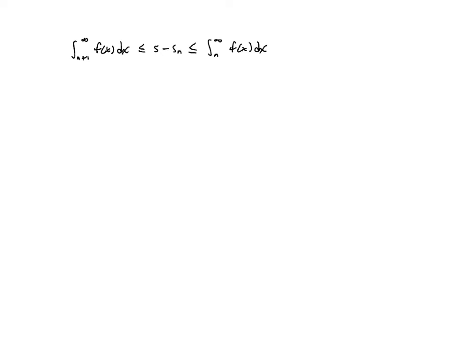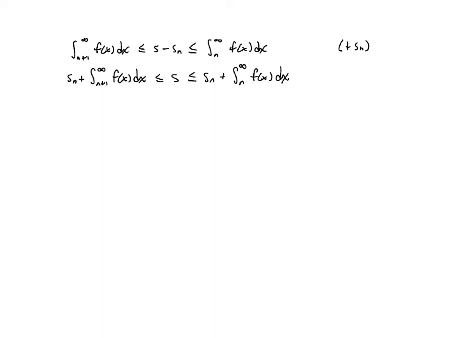And now if I add Sn to all three of those terms, I end up with Sn plus the integral from n plus 1 to infinity of f of x dx less than or equal to s less than or equal to Sn plus the integral from n to infinity of f of x dx.